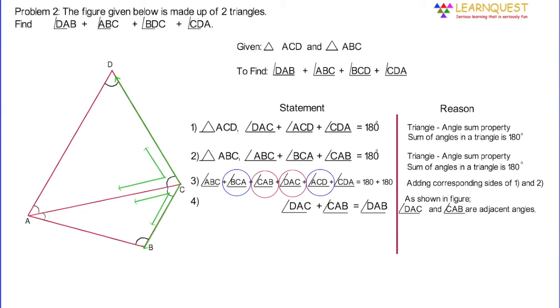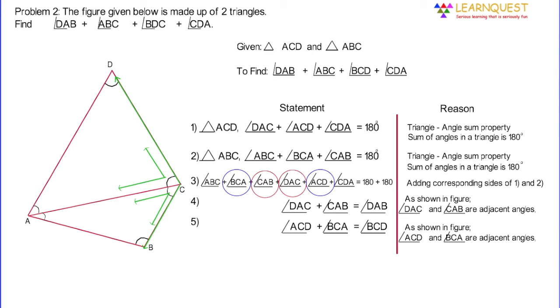Let us make a note of that as statement number 5. So we write angle ACD plus angle BCA is equal to angle BCD. And the reason is that this is given, it is shown in the figure that these two angles, angle ACD and angle BCA, are adjacent angles.